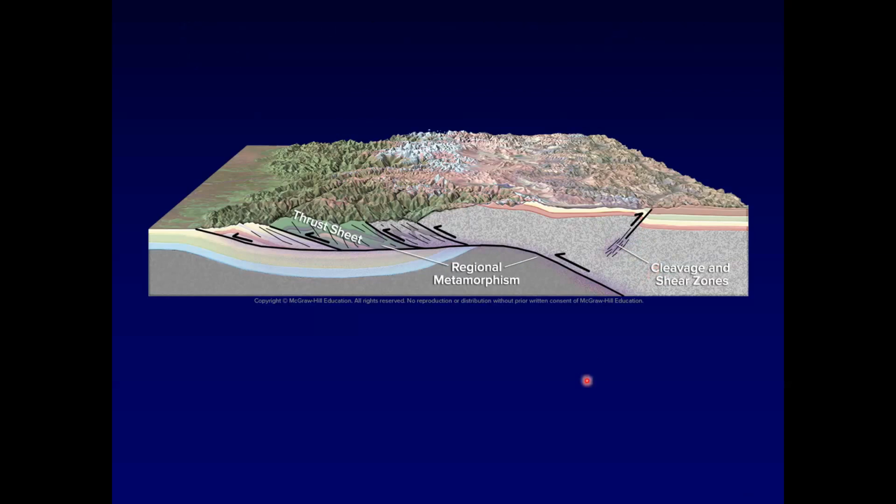And then metamorphism in collisions is mostly due to shearing and burial by these thrust sheets. Temperature increase here can cause melting of crustal rocks at depth. So we see metamorphism all along these thrust faults. And there will be some rock cleavage and shear zones associated with that as well.